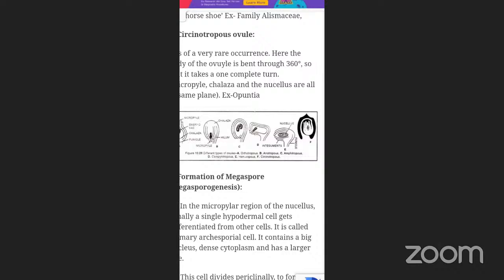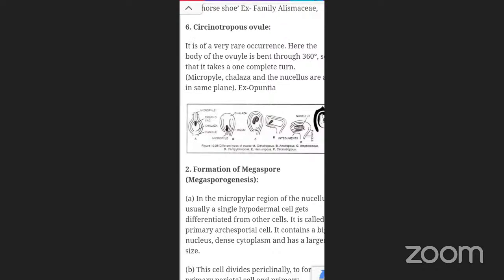The next one is the integuments. In angiosperms, the ovule consists of two, or sometimes no integuments also.